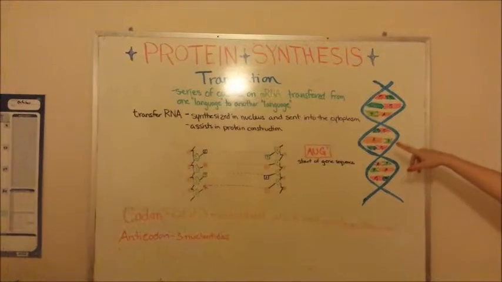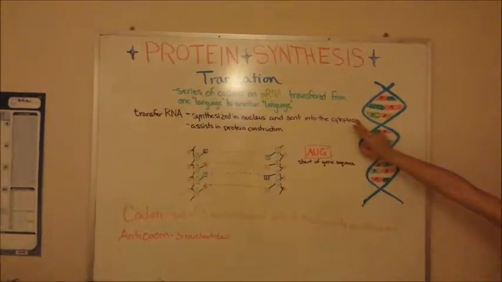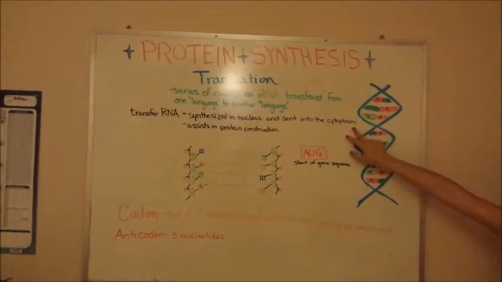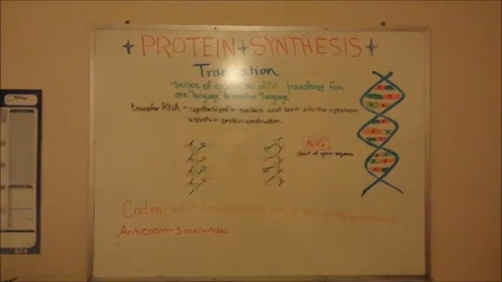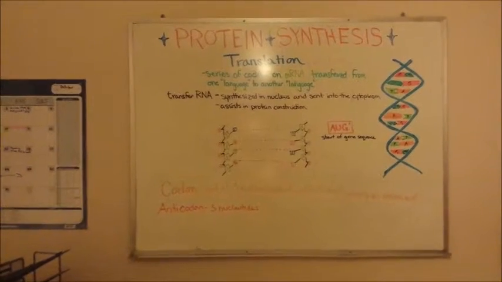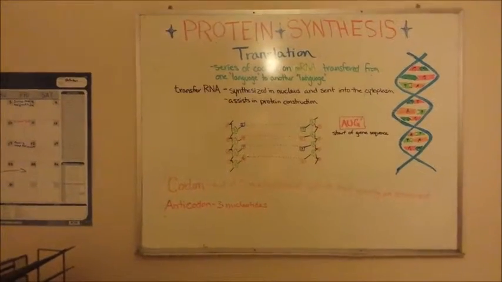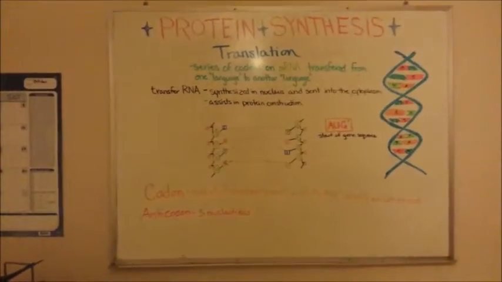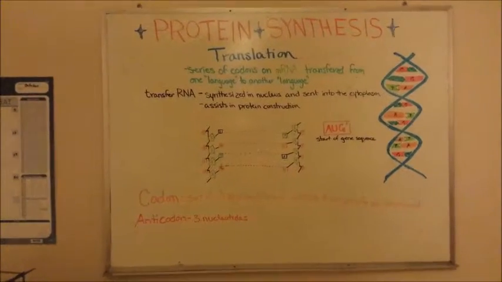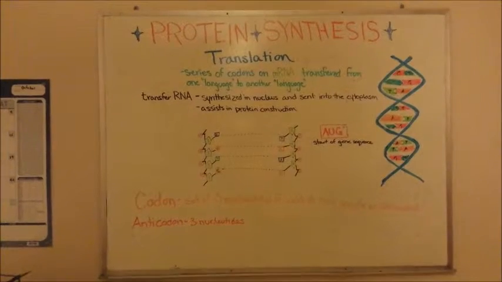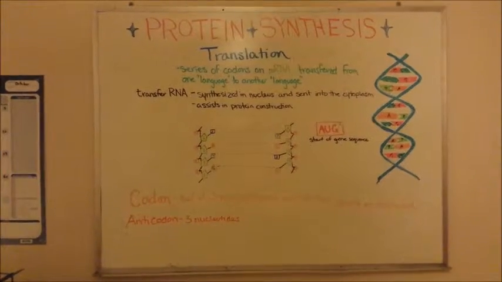And as you can see here, transfer RNA is synthesized in the nucleus and sent to the cytoplasm, and it assists in the protein construction. Correctly aligned amino acids are linked by enzymes to form proteins. tRNA, so transfer RNA, is synthesized in the nucleus and sent into the cytoplasm. It assists in the construction of the protein molecules, as we said before.